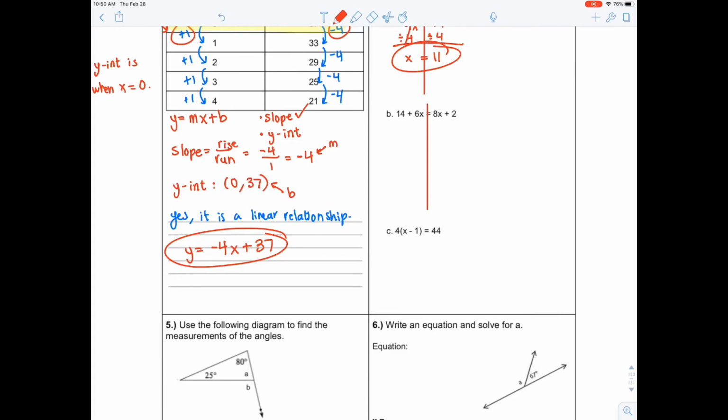We're going to treat our x's like they're pouches, okay? So here's what I'm going to do. I see this plus 6x here, and I'm going to subtract 6x from both sides, okay? And I can only subtract 6x from this 8x because they both have x's attached to them. That's something we call combining like terms, okay?